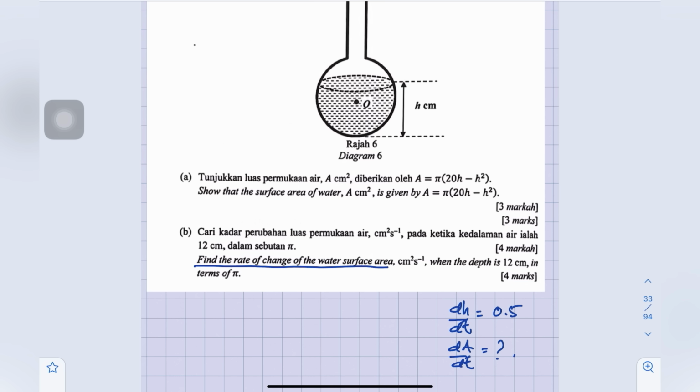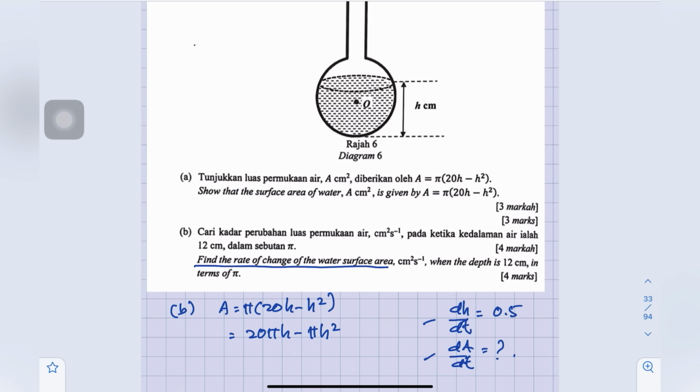Okay, so then this one we have to use the chain rule. To create the chain rule, we must have 3 terms. This one we only have 1, 2, another one from the previous question. So from the previous question, we have A equals pi times 20h minus h squared, so equals 20 pi h minus pi h squared.